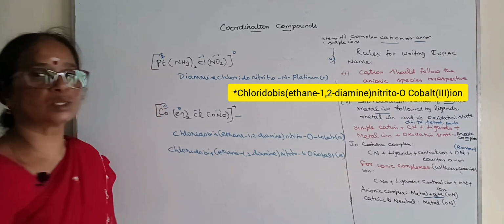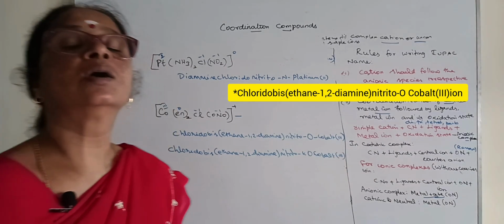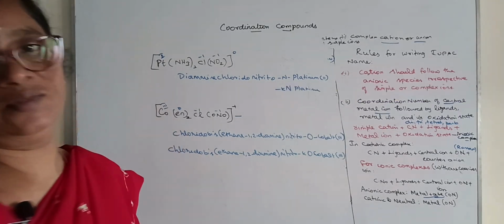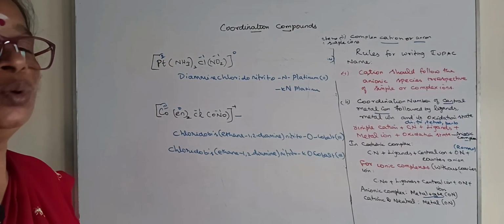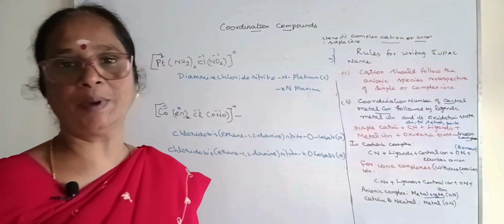This is also correct. Okay, so that's all on how to name the coordination compounds. So this is the way we have to follow to name the complex compound according to the IUPAC system.